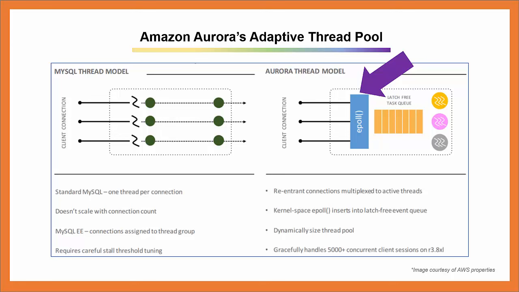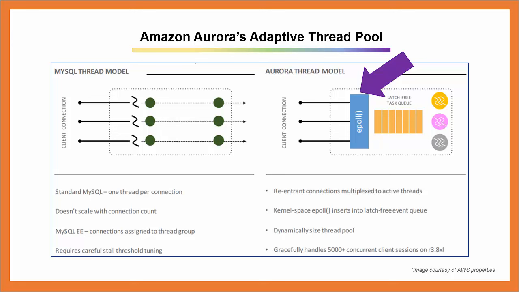So on Amazon Aurora, from a thread point, everything connects via an ePoll function. Behind ePoll is a latch-free task queue that has a bunch of threads that aren't doing any work and are available to do work. Because these are independent, threads are able to scale up or down dynamically depending on the amount of pending transactions or connections coming into ePoll. What's really cool about this is it's aware of when a transaction is awaiting a commit.